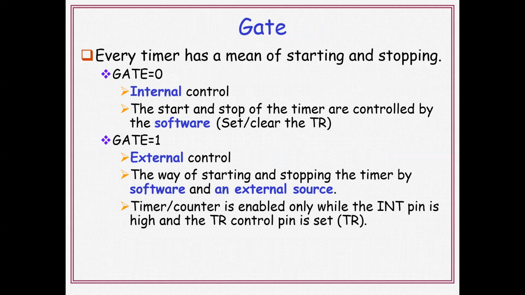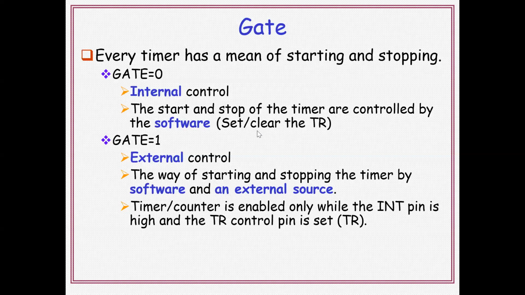Gate bit: every timer needs a means of starting and stopping. If gate equals 0, it is internal control; as already discussed, the start and stop of the timer are controlled by software, that is set or cleared by the timer run control bit TR0 or TR1. If gate bit equals 1, it is external control, so the timer is started and stopped by software and an external source.